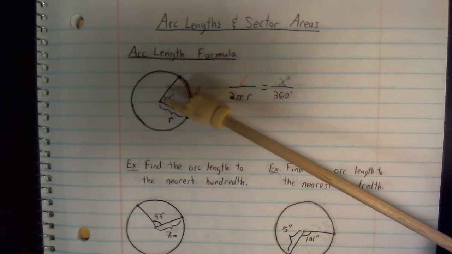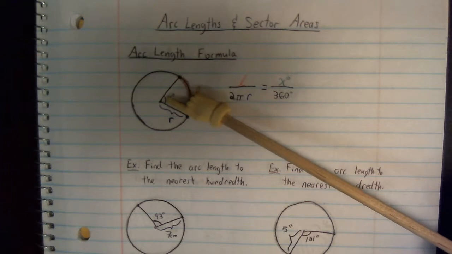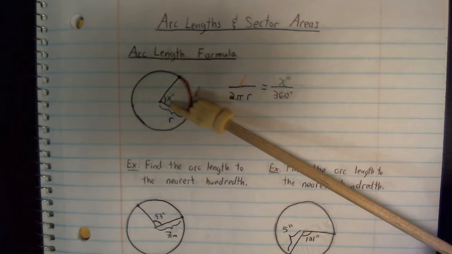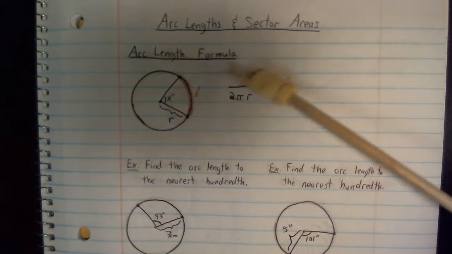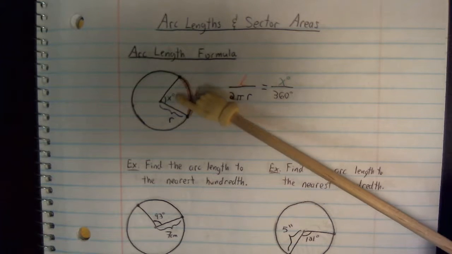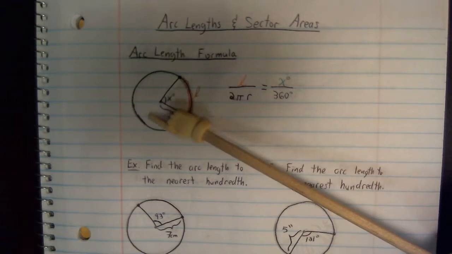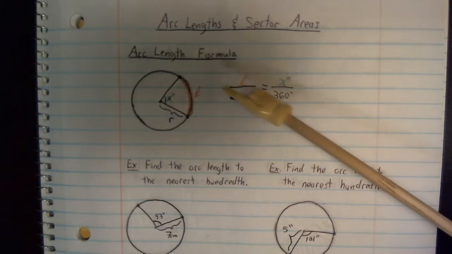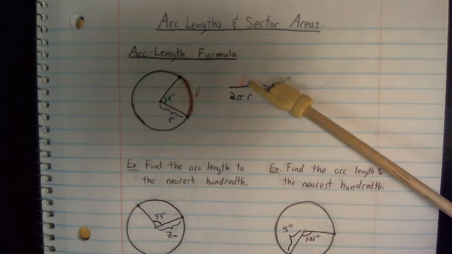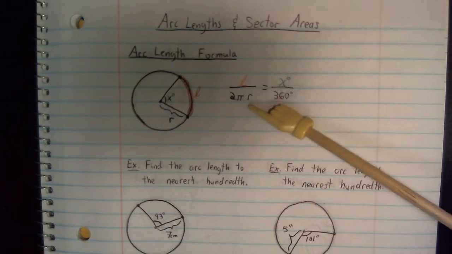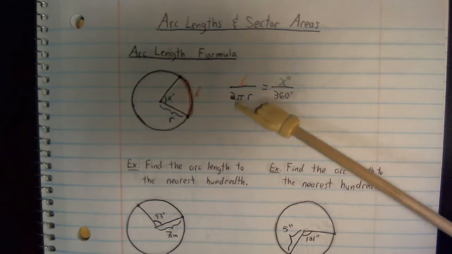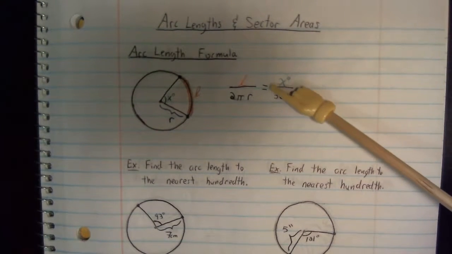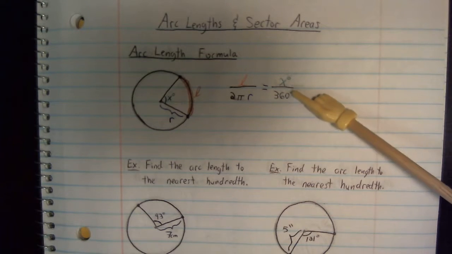But they also give us a little bit of information here too. They give us a measure of a central angle as x. Well, we're going to be taking that central measure and comparing it to the entire circle, which is 360 degrees. So the arc length formula: we take the length of the piece we're finding compared to the whole circumference. We set it equal to the angle that's created at the center compared to the entire circle, which is 360.